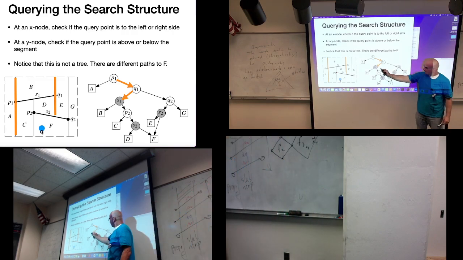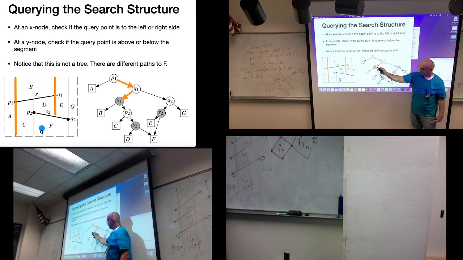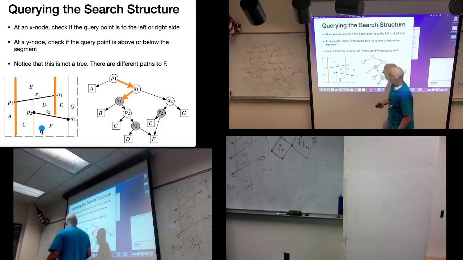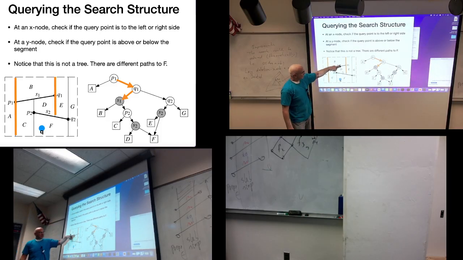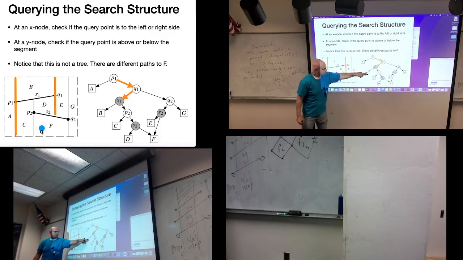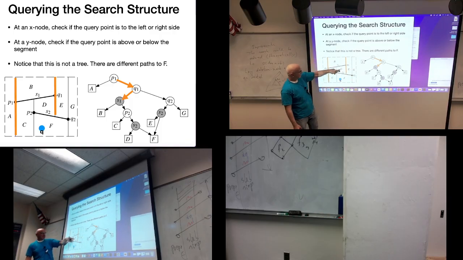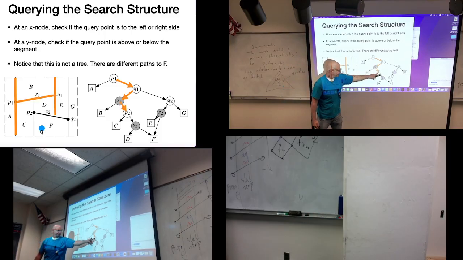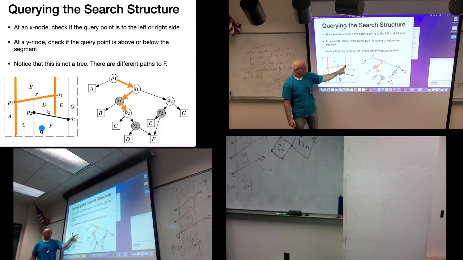Now, finally, we have a Y node, the segment S1. Notice if I was above S1, then I would say I'm inside B. Since I'm below, sorted from bottom to top, I'll go to P2.